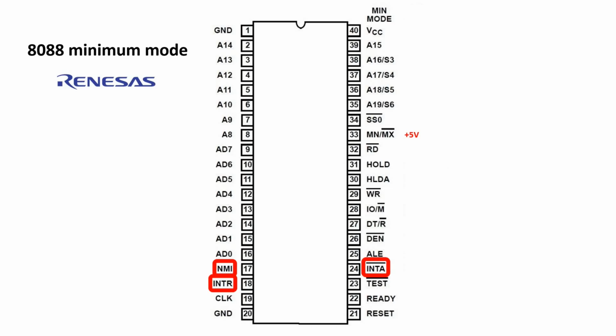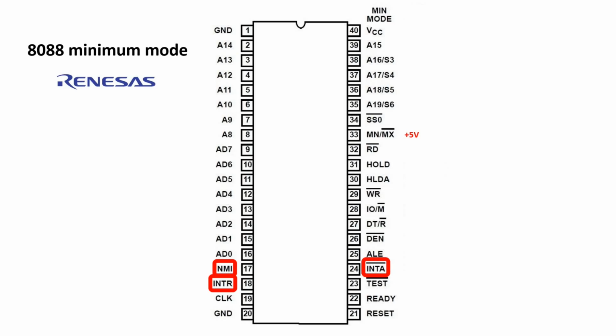INTR is the interrupt request. This is level sensitive, active high, and internally synchronized, and it can be masked off using the CLI instruction and re-enabled using the STI instruction. It's acknowledged by not INTA.